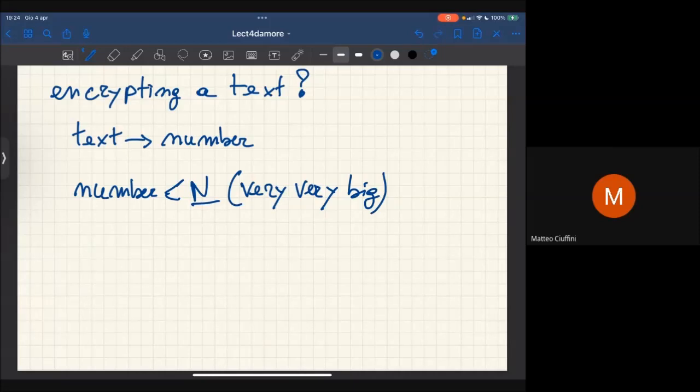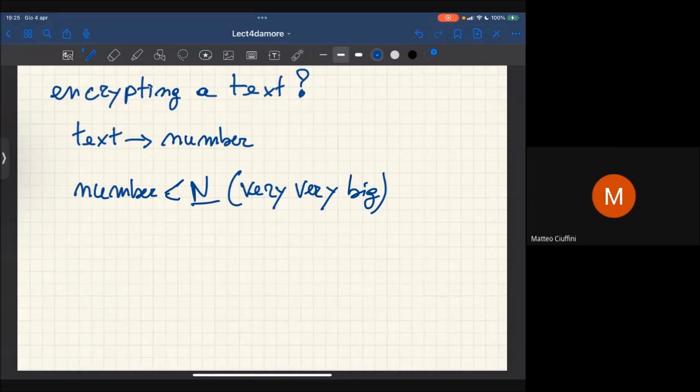But we are not really using that because since the encryption is the exponentiation, it is a very heavy operation. We prefer to encrypt only small information.